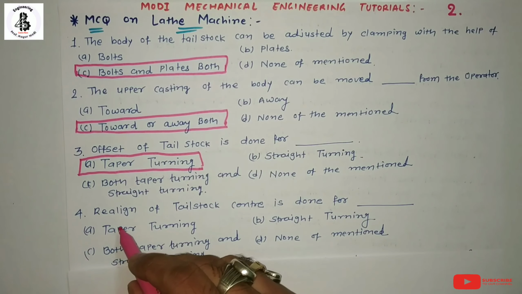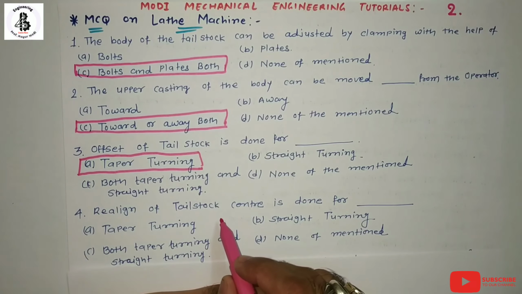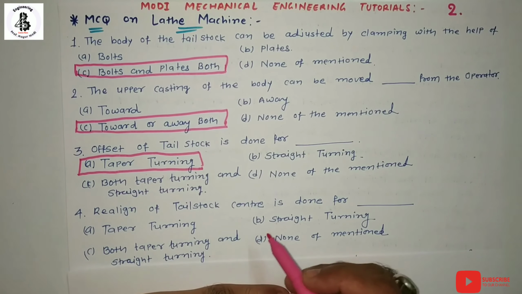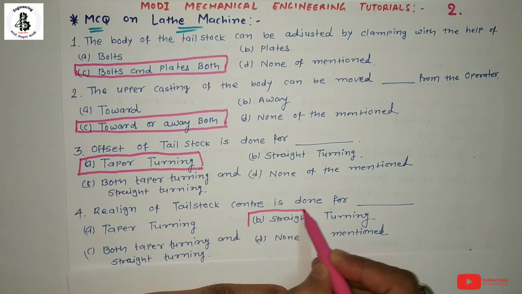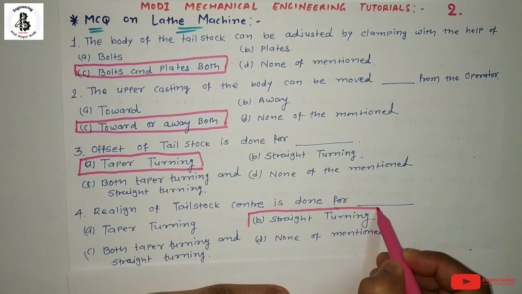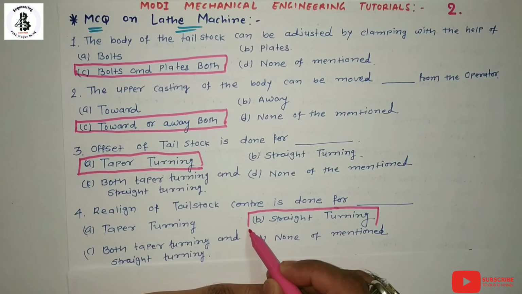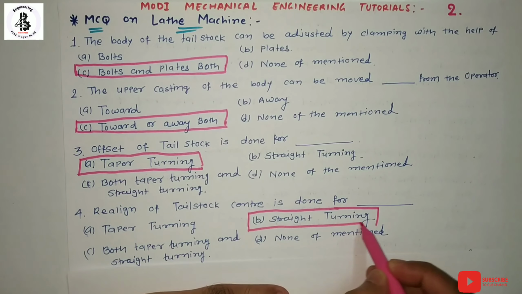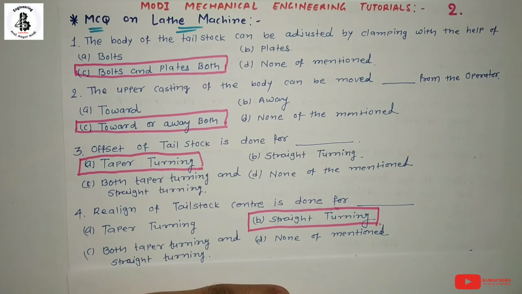So according to this fourth question, realign of tailstock center is done for straight turning operations. So option B. Then next question.